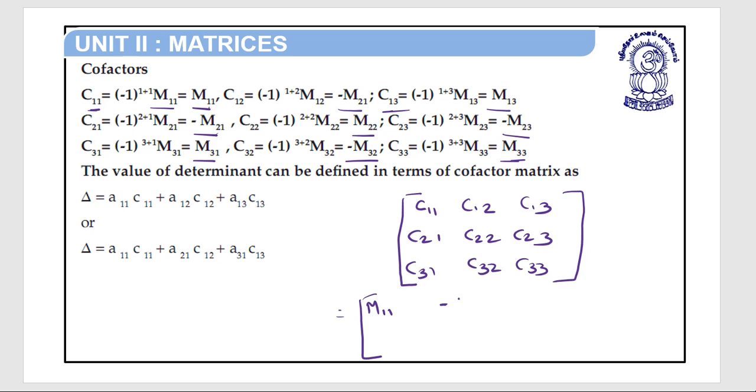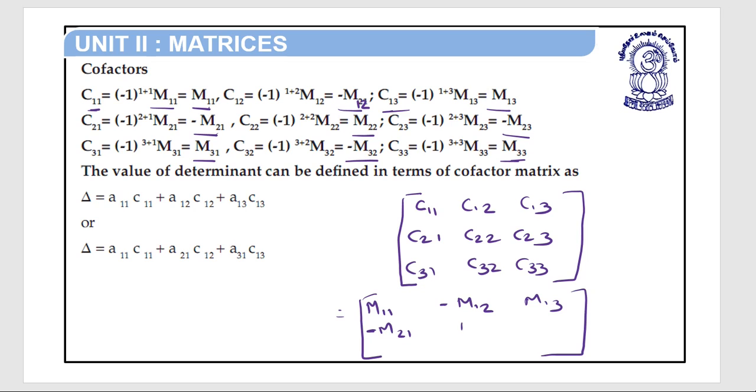C12: 1 plus 2 is 3, so minus M12. C13: 3 plus 1 is 4, so M13. C21: 2 plus 1 is 3, so minus M21.